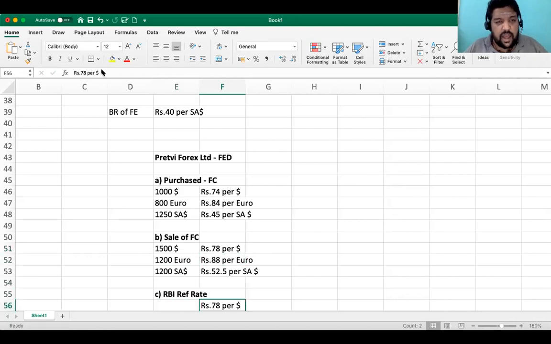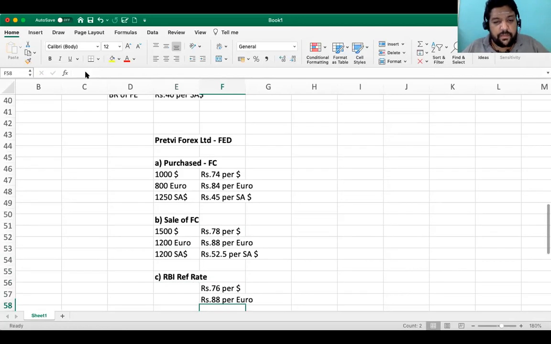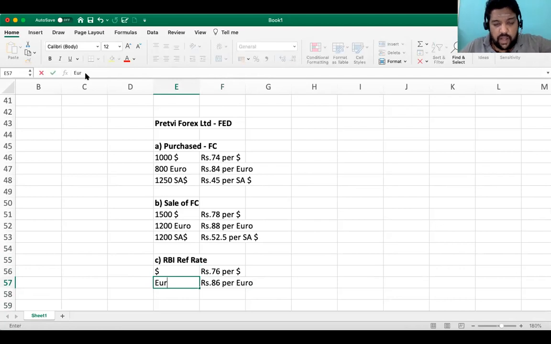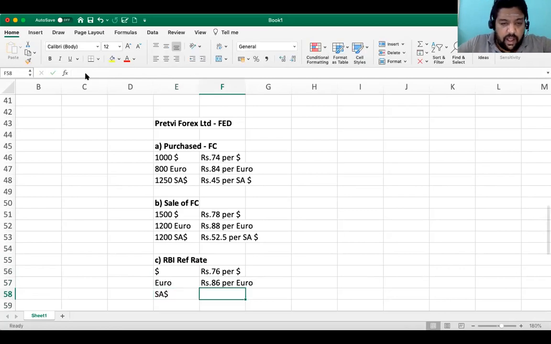For dollars, RBI reference rate is 76 per dollar, and for euro, it is 86 per euro. As far as South African dollar is concerned, RBI reference rate is not available.